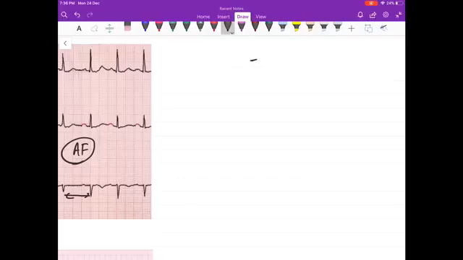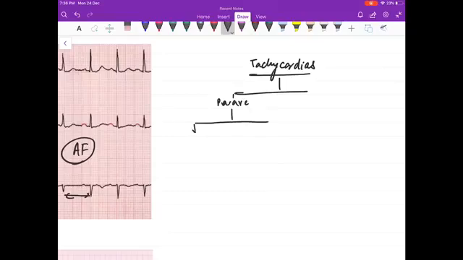Friends, I will tell you one important thing. In tachycardias, you will see whether the P wave is present or not. If it is present, then it will be atrial flutter, and if it is absent, it will be PSVT.